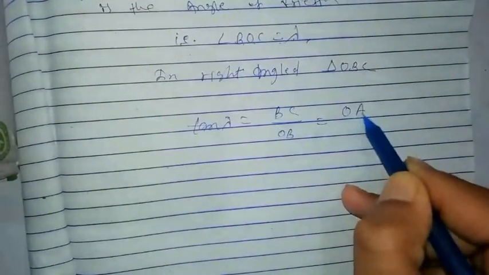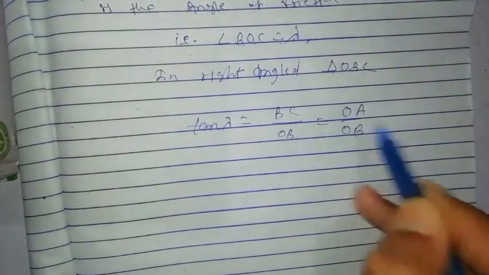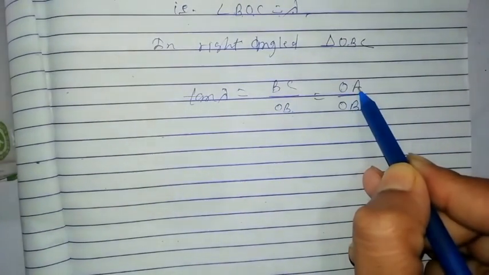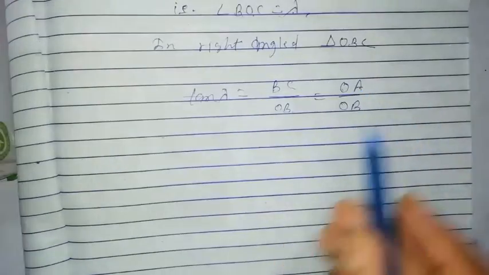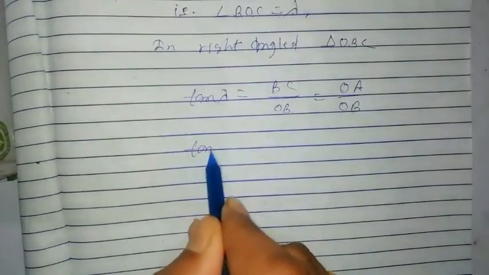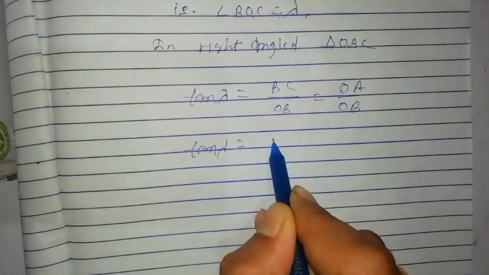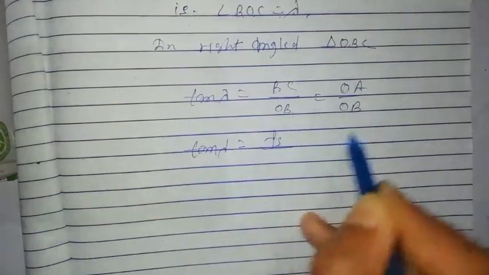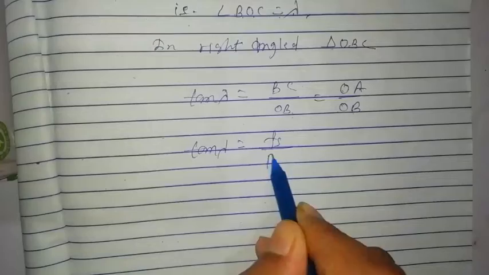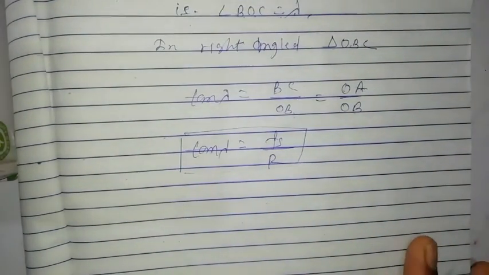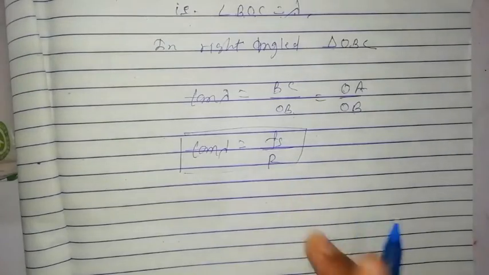Then we can put the value OA upon OB. And OA is the force of limiting friction. Then tan lambda is equal to limiting friction Fs, and OB is equal to the normal reaction R.